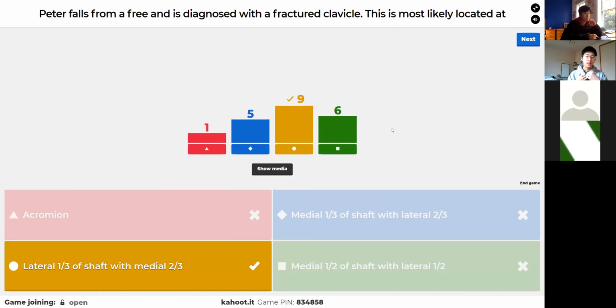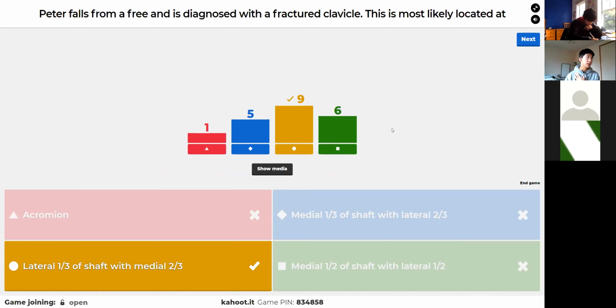And this bend occurs between the junction of your lateral 1/3 and the medial 2/3. So it doesn't occur halfway through because that's not where the bend is, but it's actually with the lateral 1/3 and then the medial 2/3.